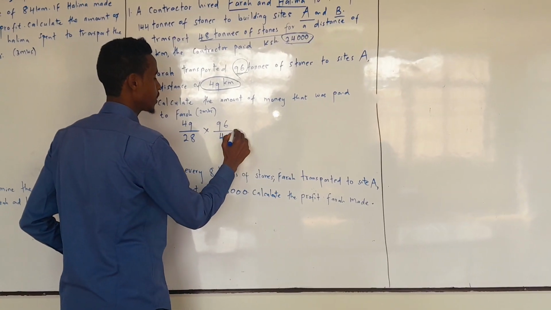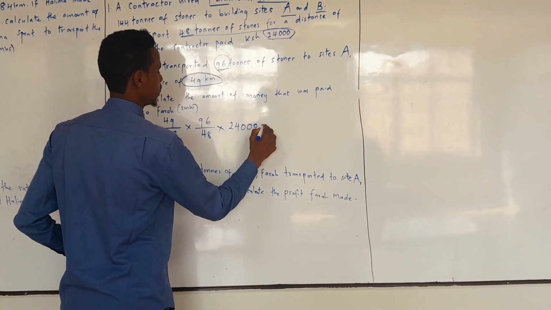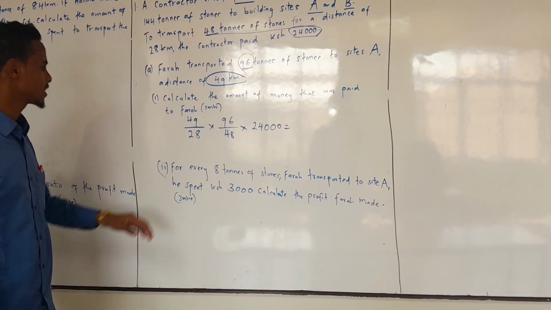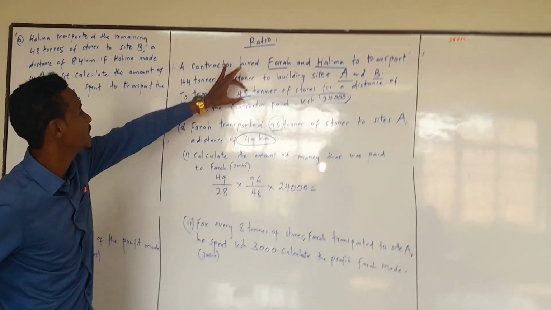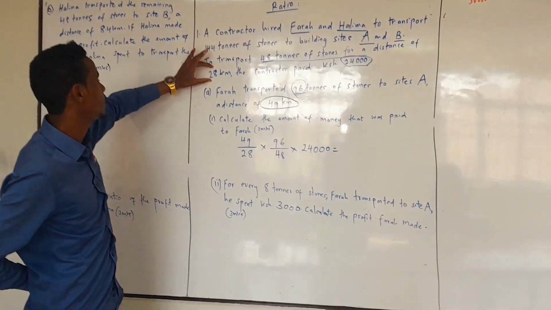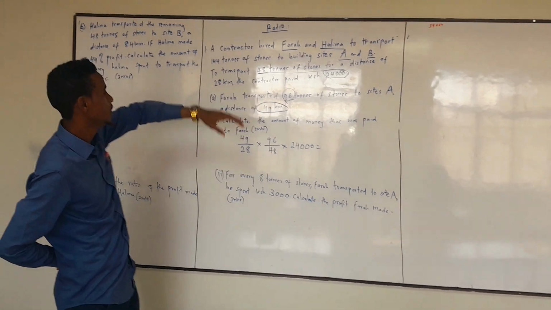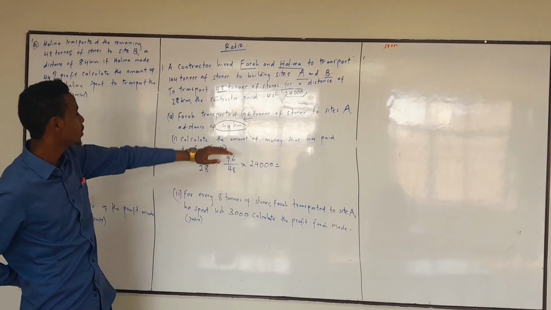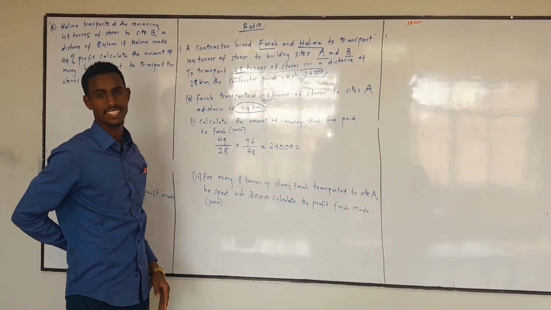Now let's multiply this by 24,000. Class, this means that if this man could carry 48 tons at a distance of 28 kilometers, he was paid this amount. But now he has moved a distance of 49 kilometers and carried 96 tons.